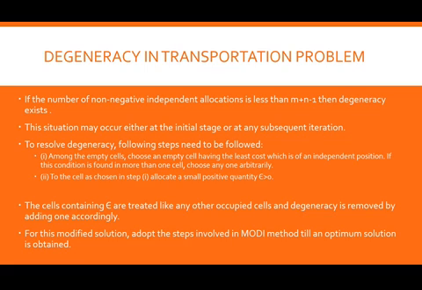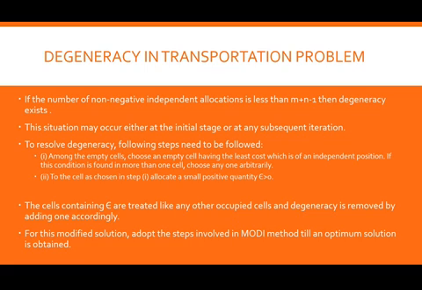It is just greater than 0. So it is very negligible quantity, but it has to be a positive quantity. Clear? The cells containing epsilon are treated like any other occupied cell and the degeneracy is removed.